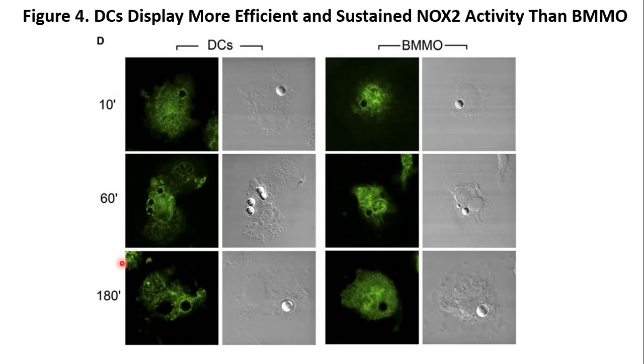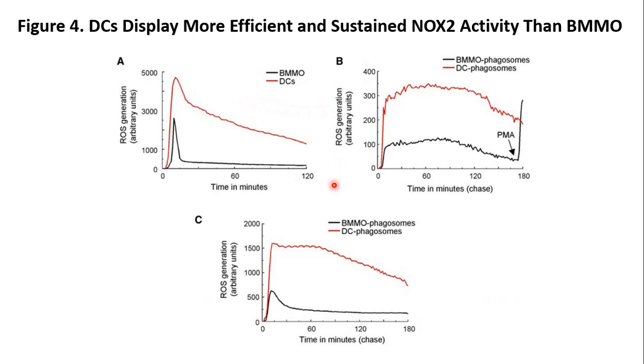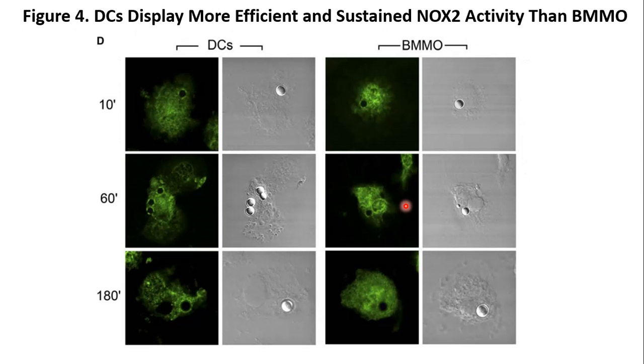So in figure 4D, after this time, in the lower panels, after these times of phagocytosis, only the DCs maintained clear labeling of p47phox, these subunits, and you can conclude that sustained production of ROS in phagosomes from immature DCs is due to a prolonged assembly and activation of the NOX complex in DC phagosomes as compared to bone marrow-derived macrophages.